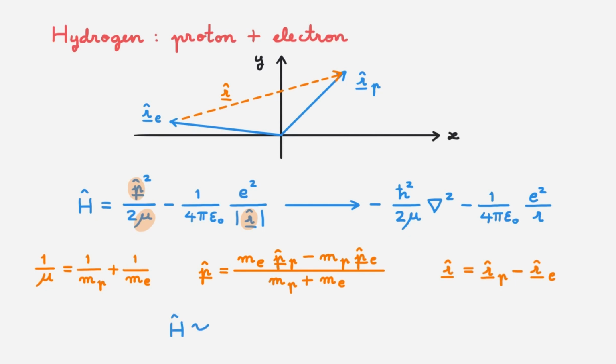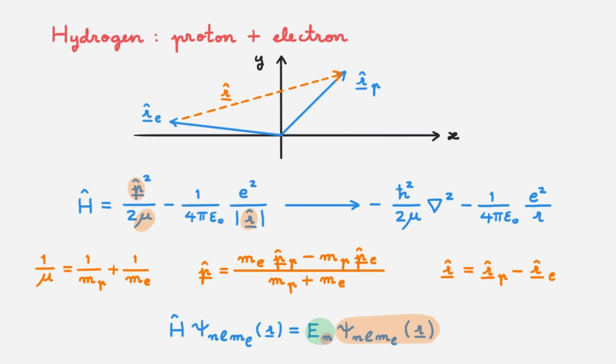Specifically, we can write the eigenvalue equation of the Hamiltonian like this, where, as usual, these are the eigenvalues and these are the eigenfunctions. The eigenvalues are labelled by a quantum number n here, which can only take positive integer values.